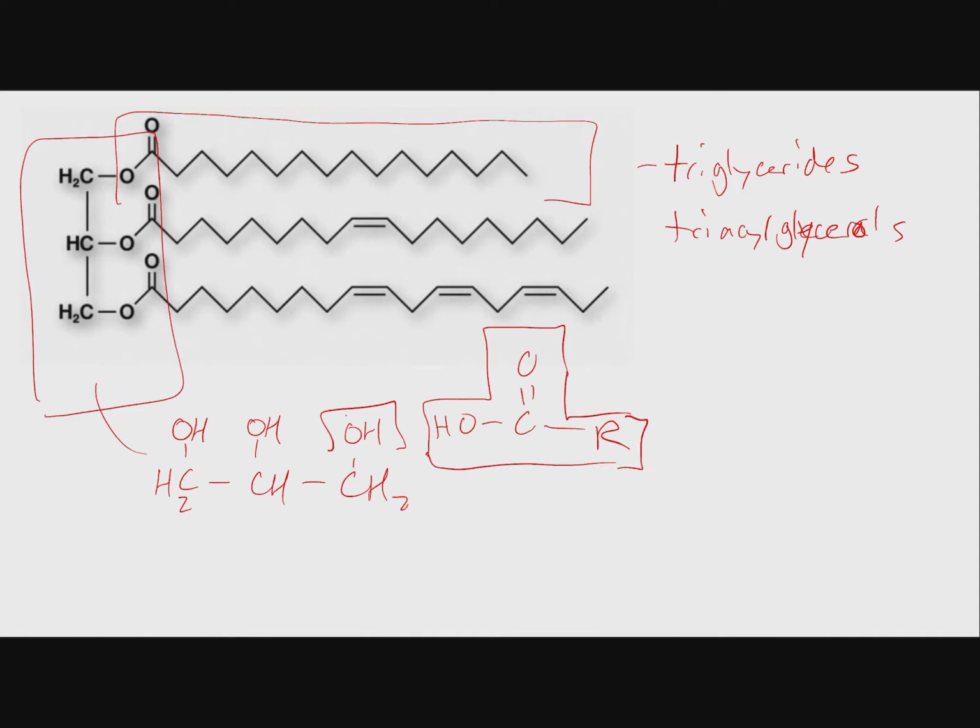When these react together, we get a nucleophilic attack on the carbonyl carbon, similar to what we saw in the mechanism of action with the serine proteases in our enzyme chapter. And then we end up with an ester bond and a loss of a water molecule. So these can be hydrolyzed, meaning cut with water, back into these constituent pieces.